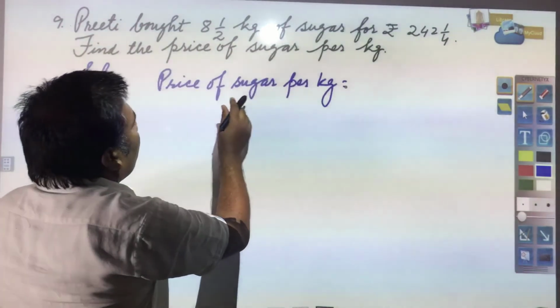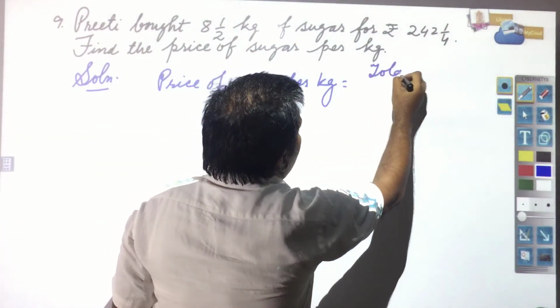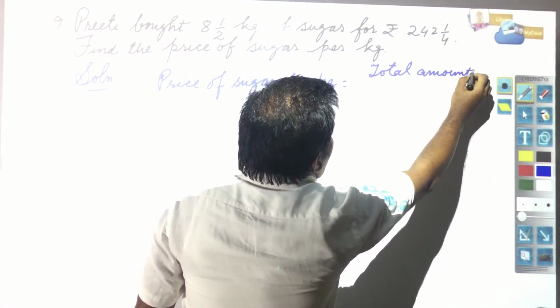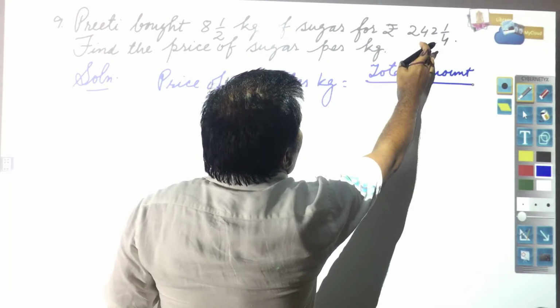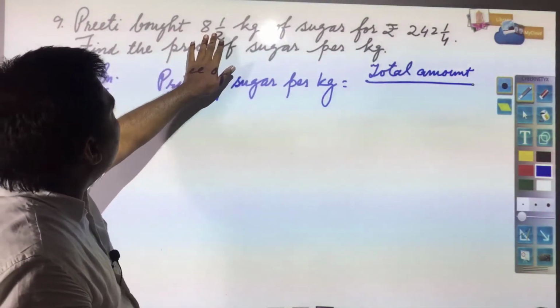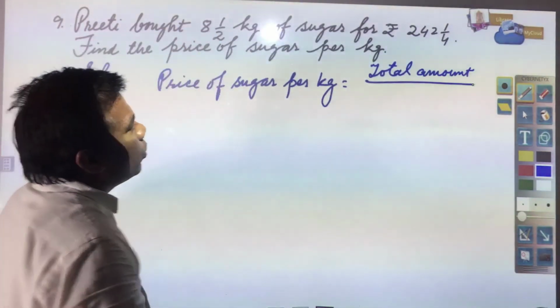So, price of sugar per kg will be the total amount she paid, 242 whole 1 by 4, and how many kgs has she bought? 8 whole 1 by 2.